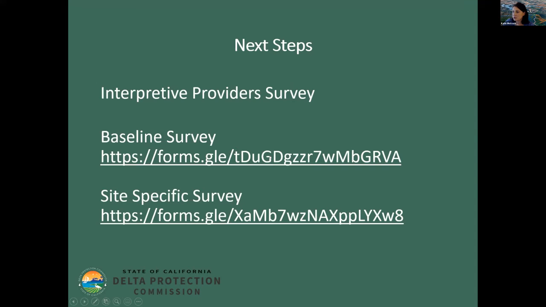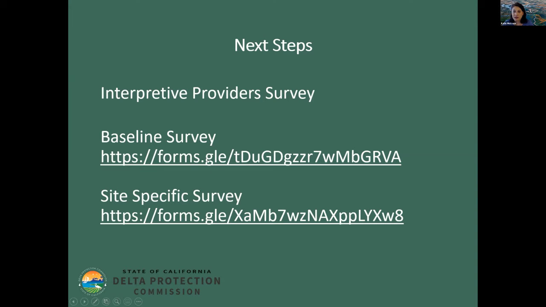We want everybody who provides some sort of interpretation education to give us more information about what you do. This baseline survey is the basic one. And if you're at, let's say, Benicia Capitol State Historic Park, you would go to the site specific survey as well, which gets into more depth.